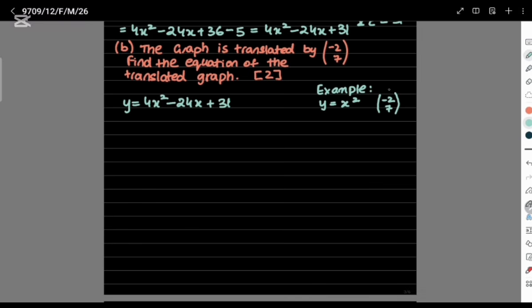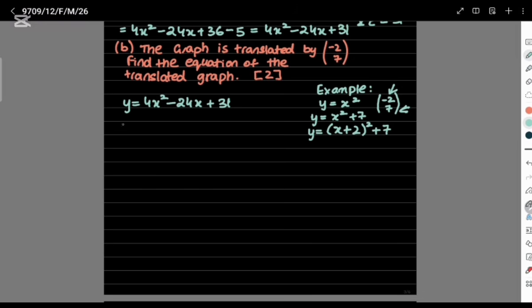For translation in the y direction, that's simple. You just do y is equal to x squared plus 7. But the problem is, how do you translate in the x direction? Whatever they give you, suppose they gave us minus 2, you do the opposite inside the bracket. They gave you minus 2, so you add that: x plus 2 squared plus 7.